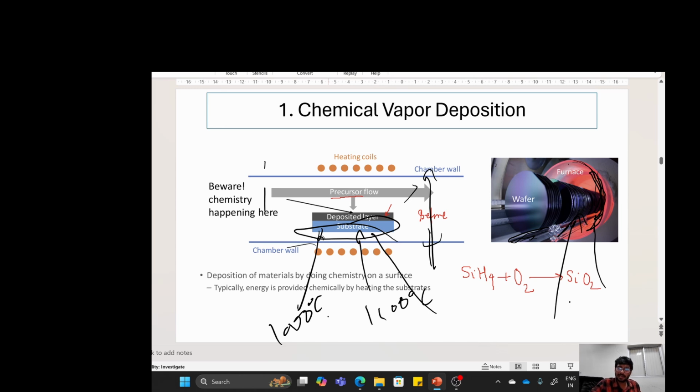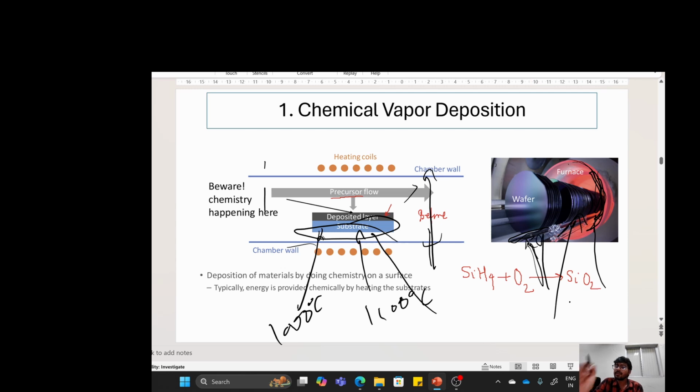I don't remember what we call it, but this is the base, and it should be non-contaminating, otherwise there is no point. It should withstand higher temperatures, let us say 1100 to 1200 degrees Celsius.